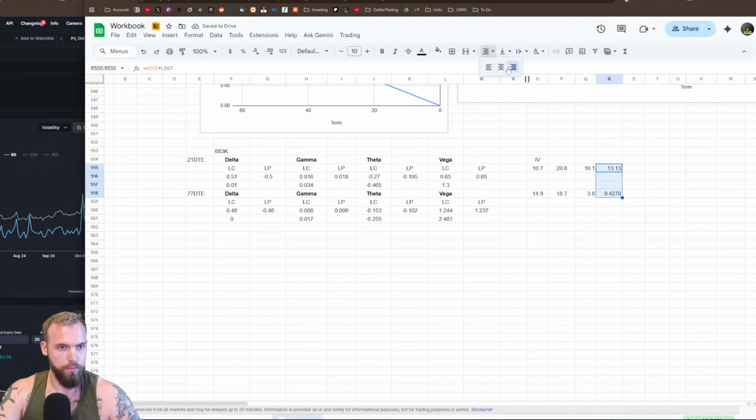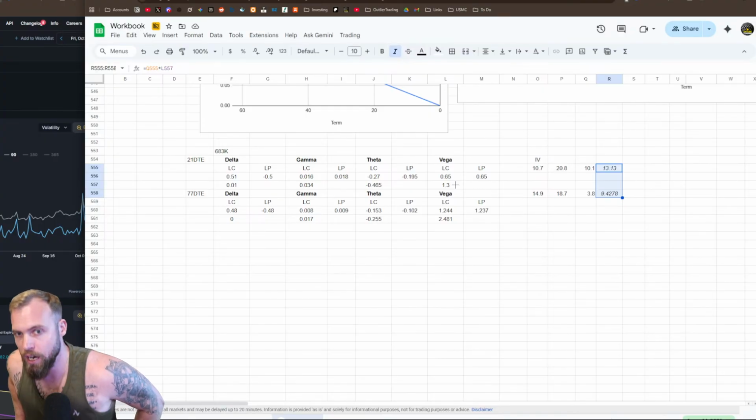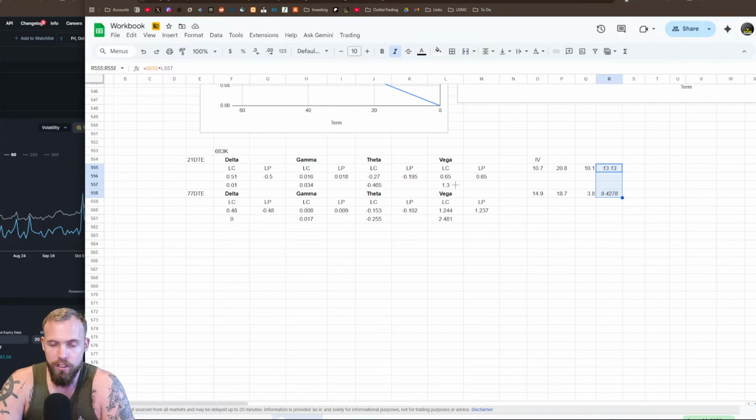What do you see? You should see that even though the net Vega is much smaller in the 21-day options, by doing the thing that seems logical, by going further out in time, by decreasing your total theta, by giving the trade more time to work and actually increasing your Vega, you're actually decreasing your overall profit. Now, in this scenario, it made money. So still what we would refer to as a high-class problem.